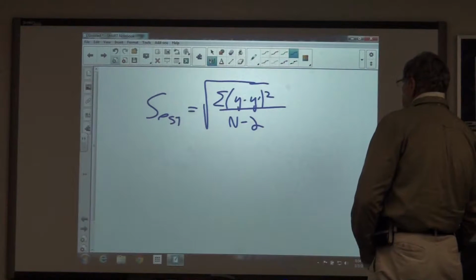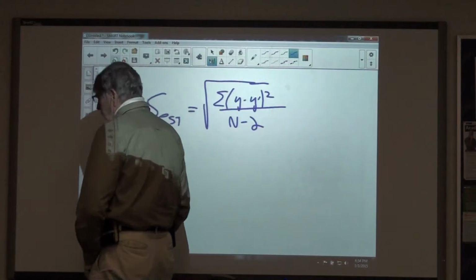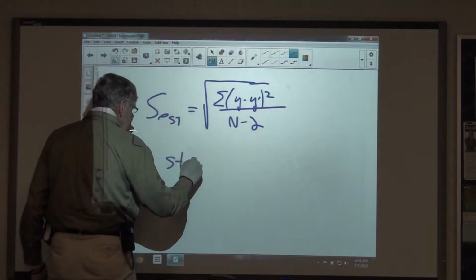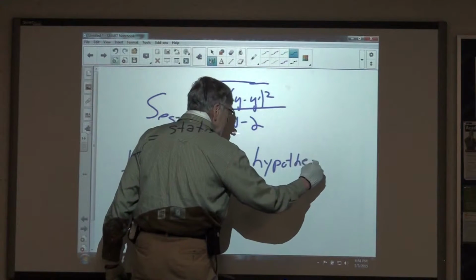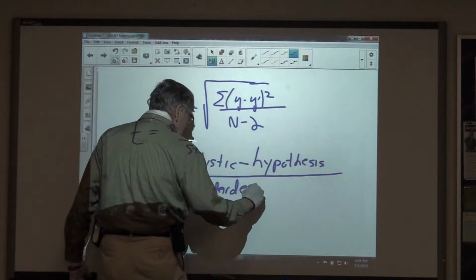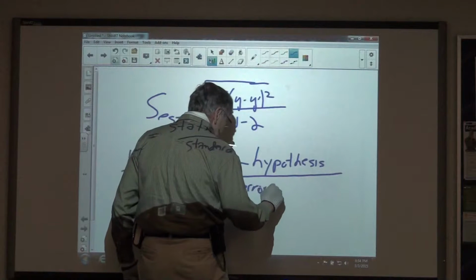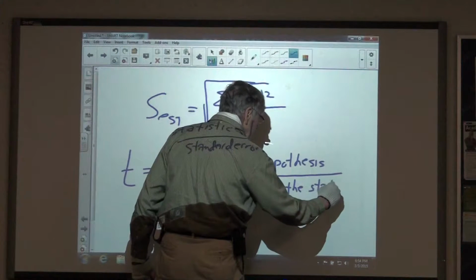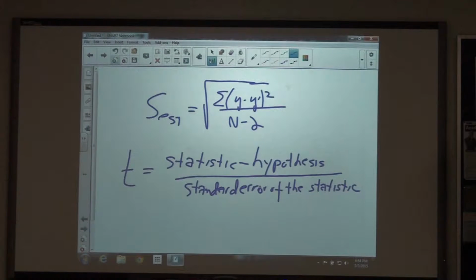Now, the t-value for anything is equal to the statistic value minus a hypothesis value over the standard error of the statistic. This is a generic formula for t-values.